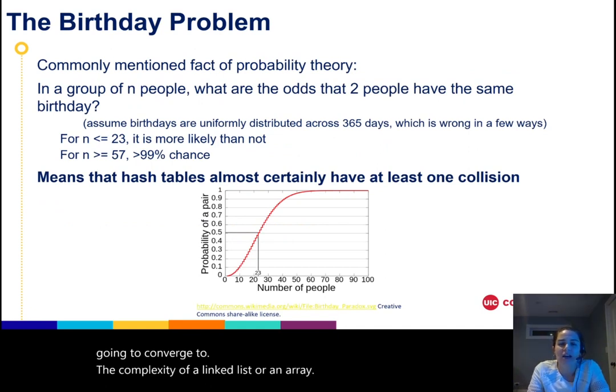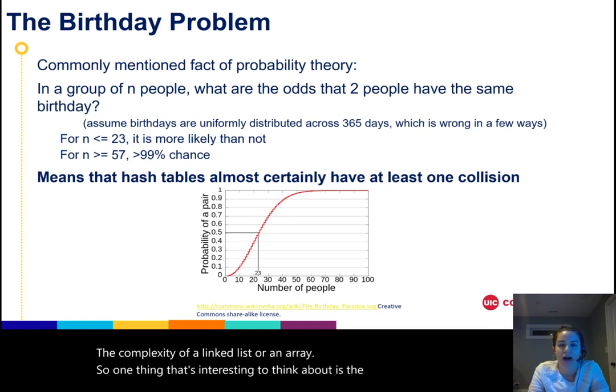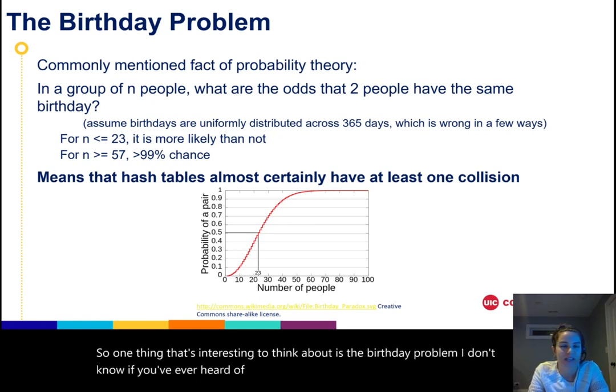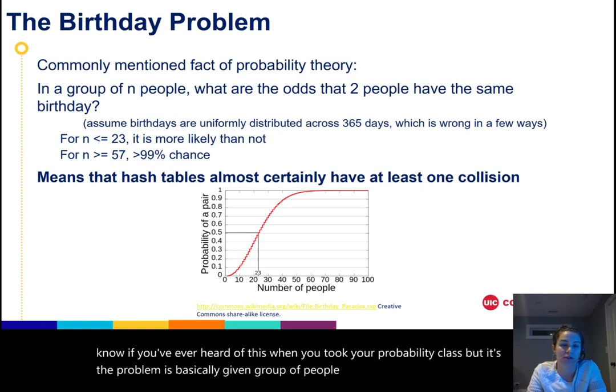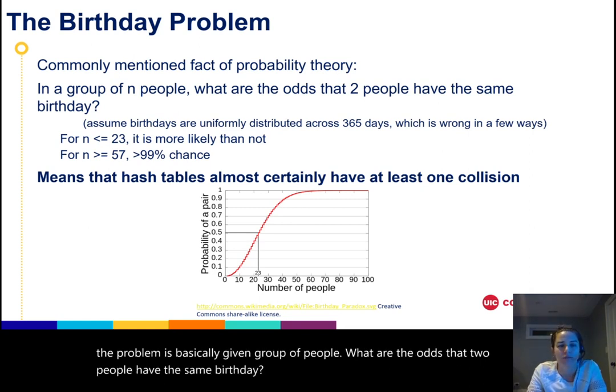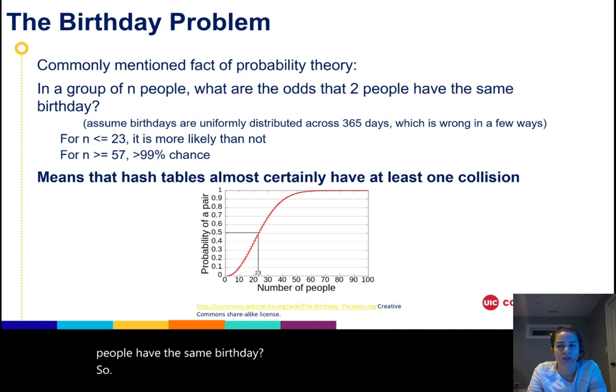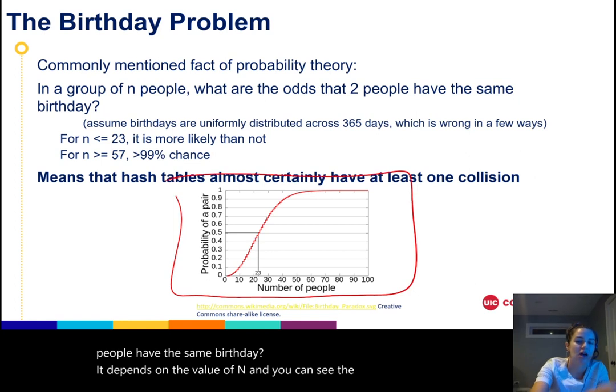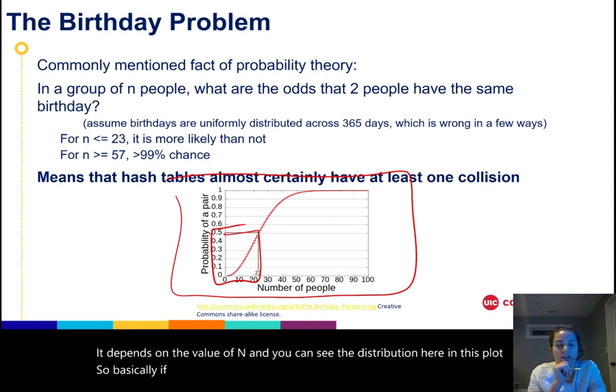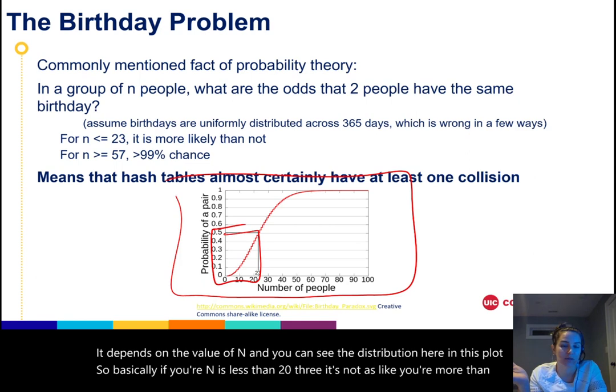One thing that's interesting to think about is the birthday problem. I don't know if you've heard of this when you took your probability class, but the problem is basically: if you have a group of n people, what are the odds that 2 people have the same birthday? It depends on the value of n, and you can see the distribution in this plot. If your n is less than 23, you're more than likely not going to have 2 people with the same birthday.